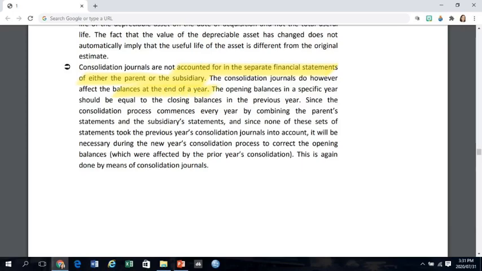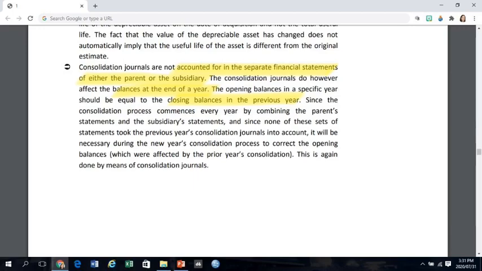If you have additional depreciation, that would affect your closing retained earnings as well as the closing carrying amount of the asset. And the opening balances in the following year should be equal to the closing balances in the previous year, in the group statements as well.